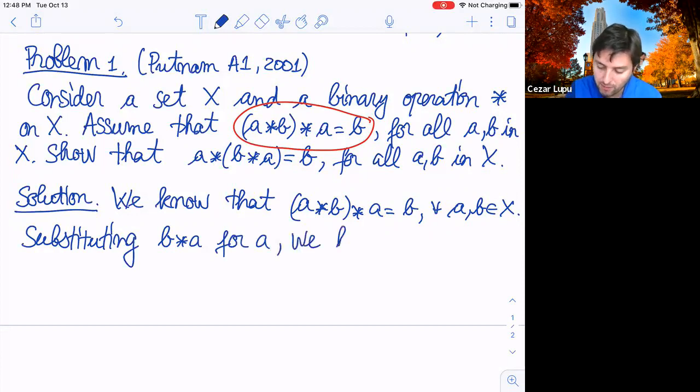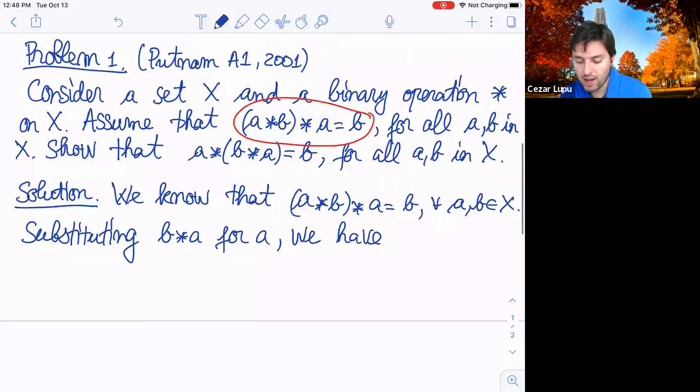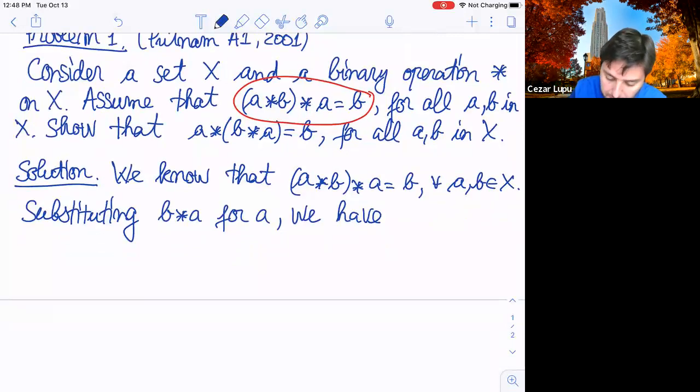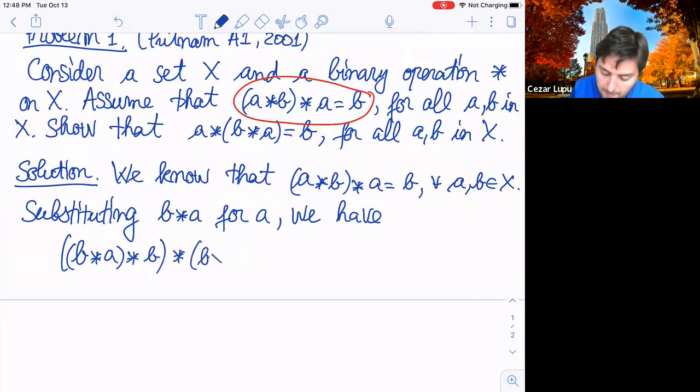We have, what do we have? Let's see. So for A, I'll have B star A. Let's be careful here with the operations. B star A star B, right? Star B star A, right? And we know that this is B, correct?